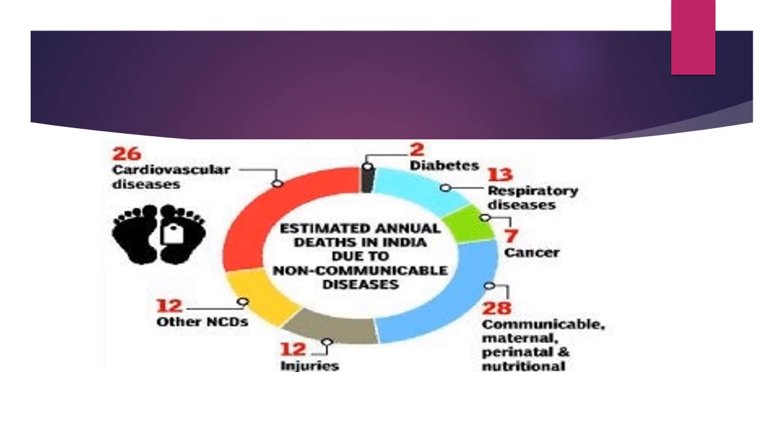Then 28% are due to communicable, maternal, prenatal or nutritional problems, and 12% because of injury. Other non-communicable diseases account for 12%, and 26% of deaths happen because of cardiovascular diseases.